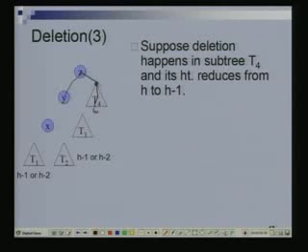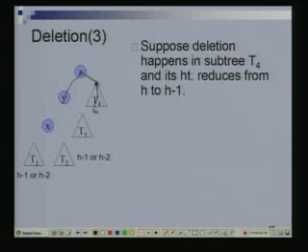Why could it not have been this node which has larger height? Because if it is h plus 1 initially, it has reduced to h. This is very simple actually. There is an imbalance that happened here. Earlier there was no imbalance. The imbalance happened because the height of this one decreased.